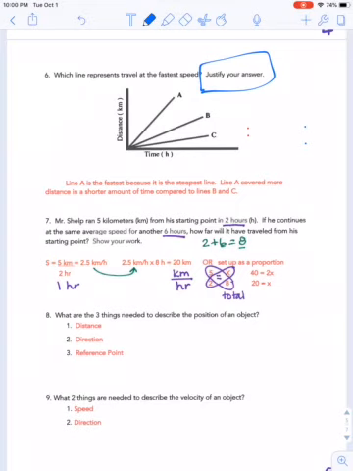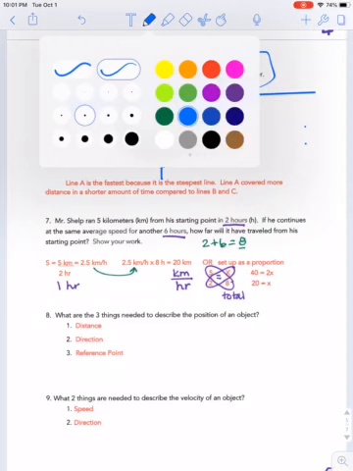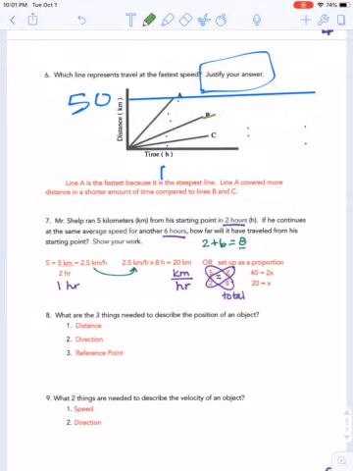So let's say that this is 50 kilometers and it took line A maybe only 1 hour to get there. If we have line B, if we continued on until it got to 50 kilometers, that might be 3 hours.